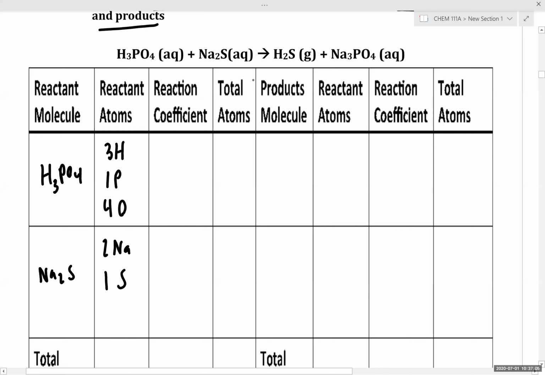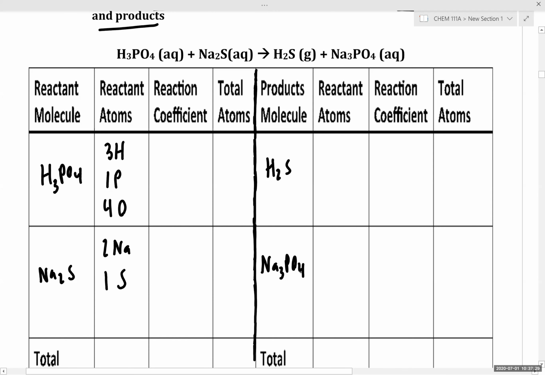Okay. And you can make a very clear dividing line if you want between reactants and products, if that helps you visualize it a little bit easier. For our products, we have hydrogen sulfide and sodium phosphate.